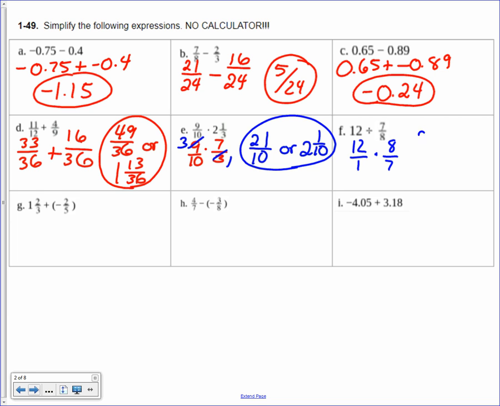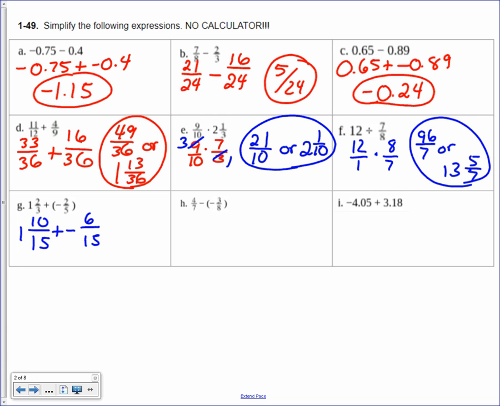So I ended up with 96 over 7, or 13 and 5/7. For G, I had to find a common denominator. I used 15. So that makes us 10 plus a negative 6. So they're different signs, so I subtracted, and I got 1 and 4/15. Or you could have had 19 over 15.